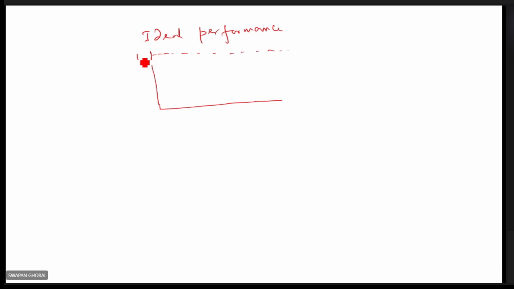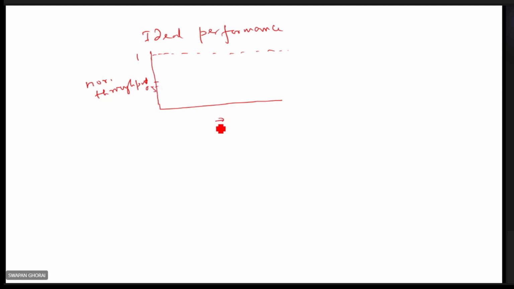This is 1, and this is the normalized throughput. Throughput means the number of packets that can be delivered to destinations. That is the throughput. So this is the normalized throughput. This is 0.5, and this is 1.